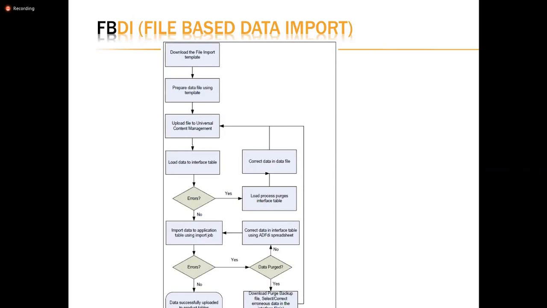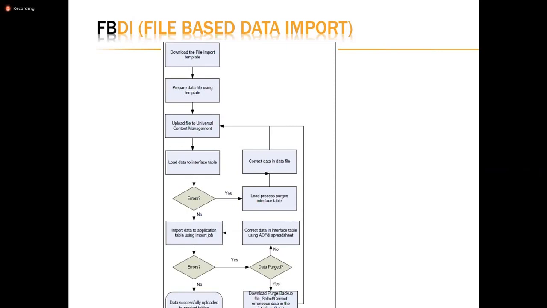Coming to Fusion file-based data import, Oracle has identified predefined objects for every product family. Oracle defines the mapping, and asks us to refer to that mapping file, refer to that template, and generate the file accordingly.